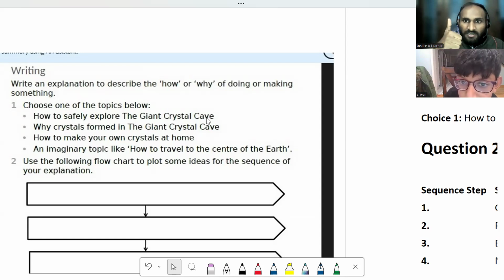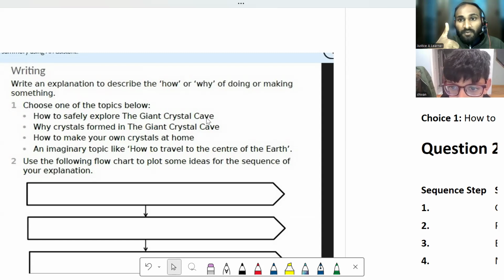The first thing is that we need to find the topic sentence. The topic sentence could be: the giant crystal cave is beautiful, but the most dangerous cave on the earth, because we have that magma and all, so it is very hot inside. And the topic sentence is covered.